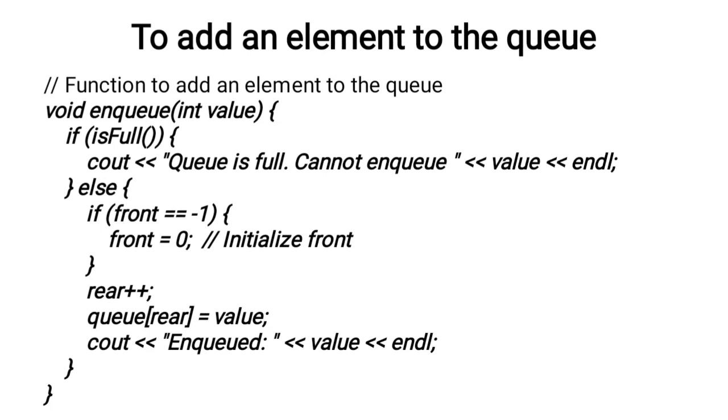If it returns 1, it is true that the queue is full, meaning that it will display the message that says queue is full, cannot enqueue the value, right? But if it returns false, the queue is not full. There is an extra space in the queue that allows us to add an element.